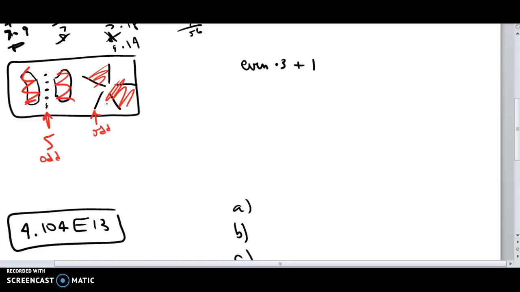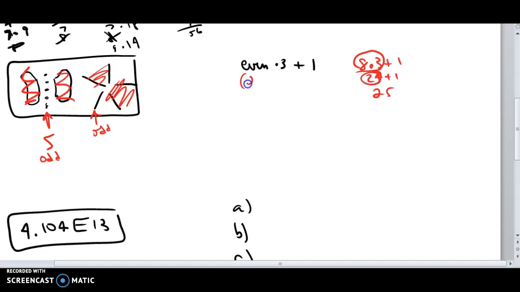Right, the next one talks about taking an even times 3 plus 1. So an example would be 8 times 3 plus 1, 24 plus 1 is 25. And so it looks like it's always going to be odd because an even times an odd is going to give you an even, and one more than an even is an odd.